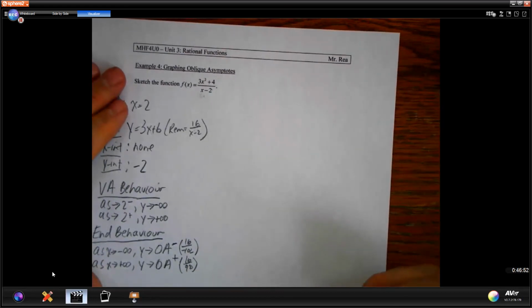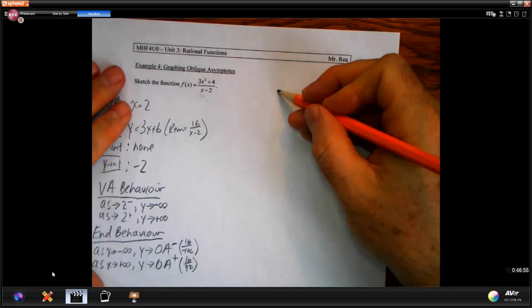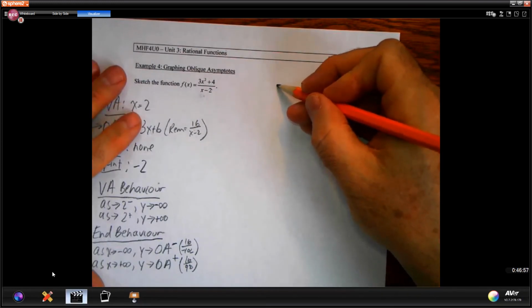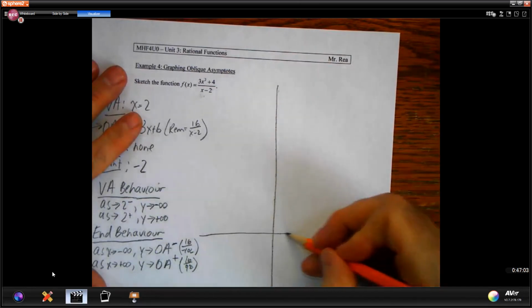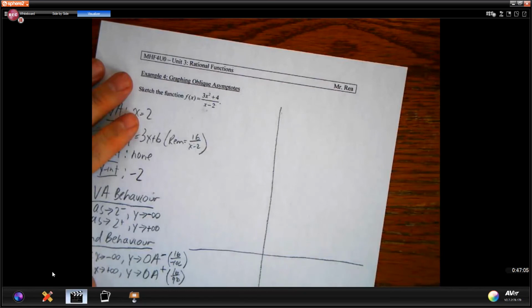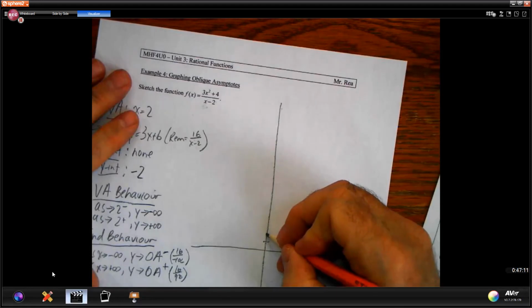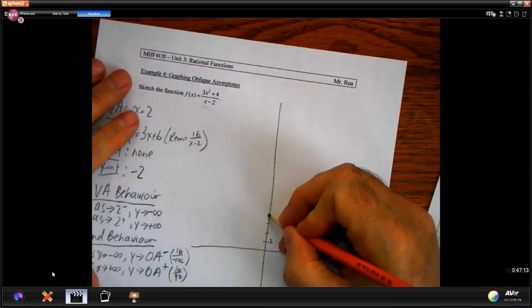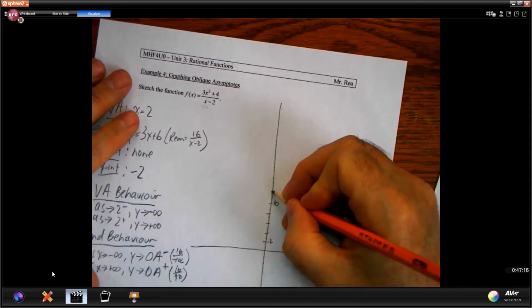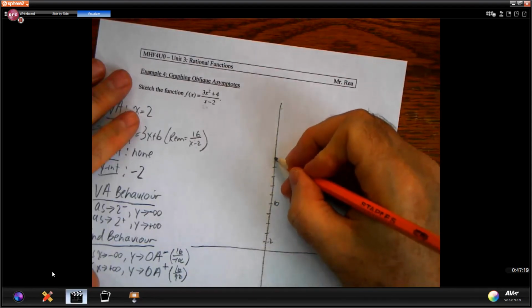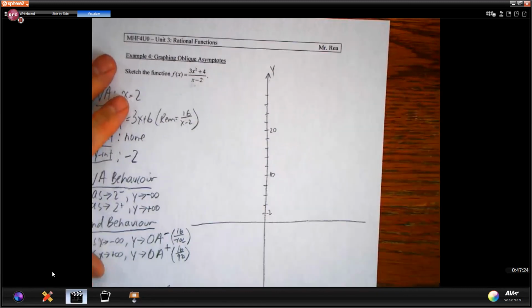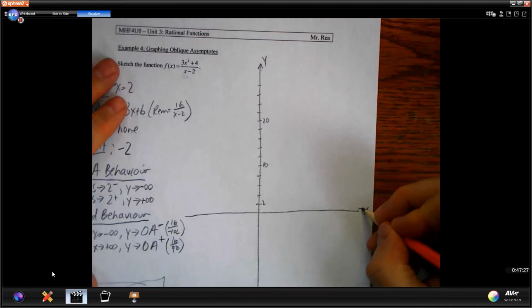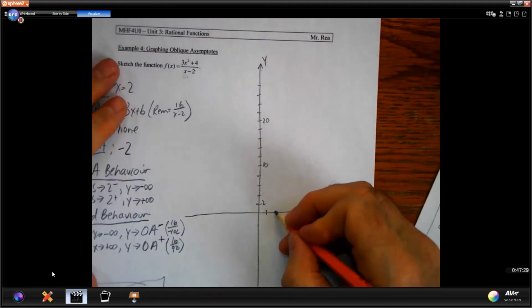Okay, so I'm going to do the sketch now. This is a strange looking graph, so I'm actually going to make it pretty big. I think I'm going to go up by 2's again, and for x, same scale, so 2.